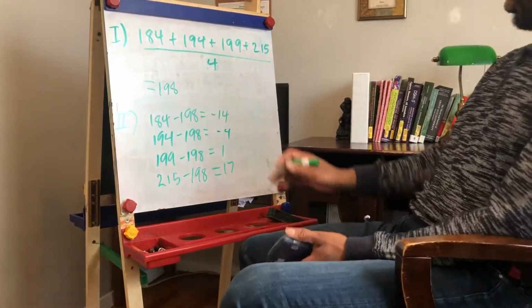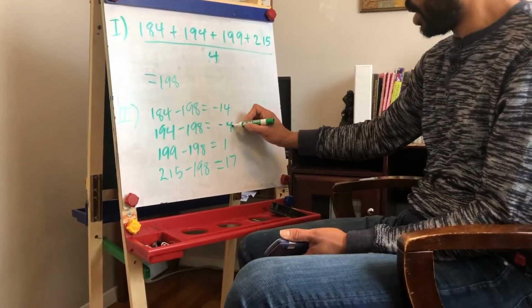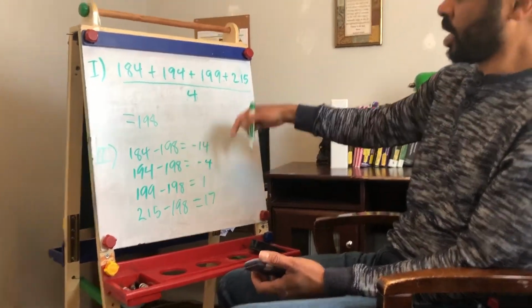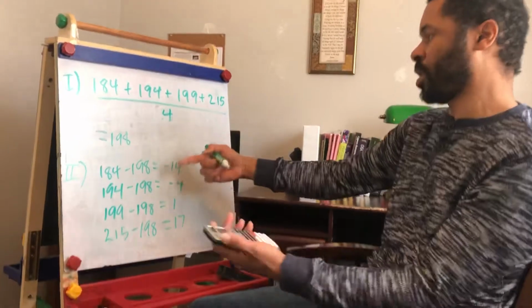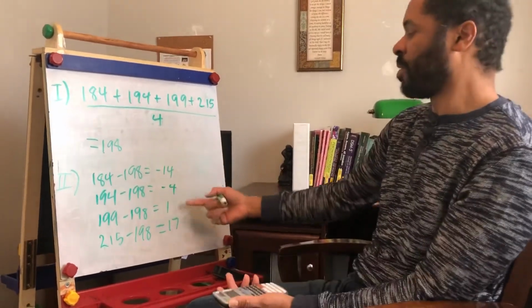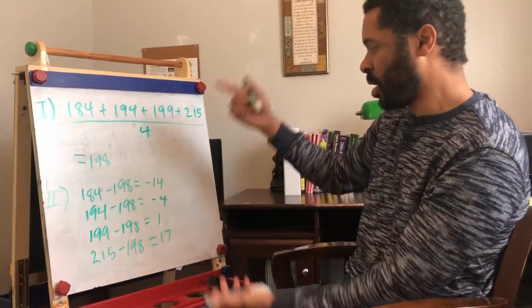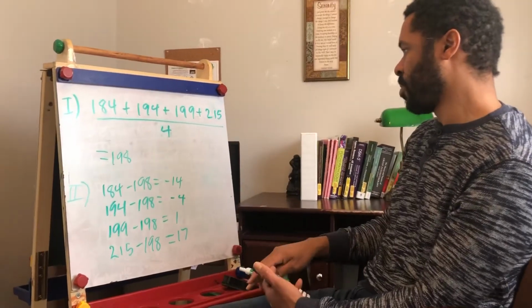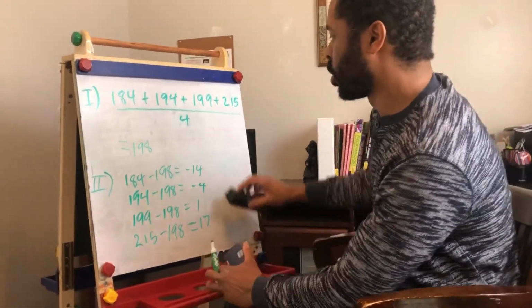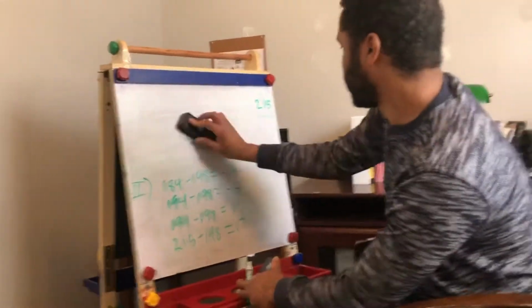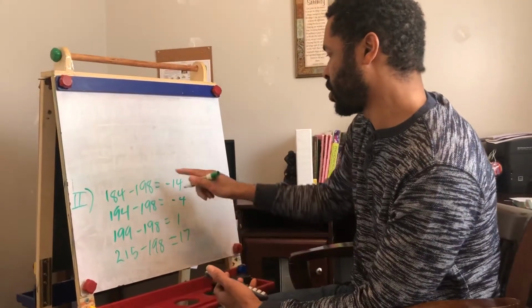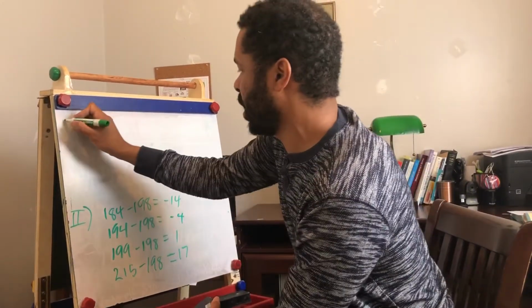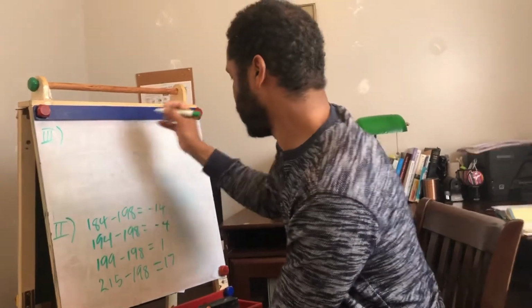Just a quick comment. This is showing you that some of the players are shorter than the average, and some of the players are taller than the average. That's where the positive and negative values come from. Now we're going to go to step 3, which just involves squaring these values.